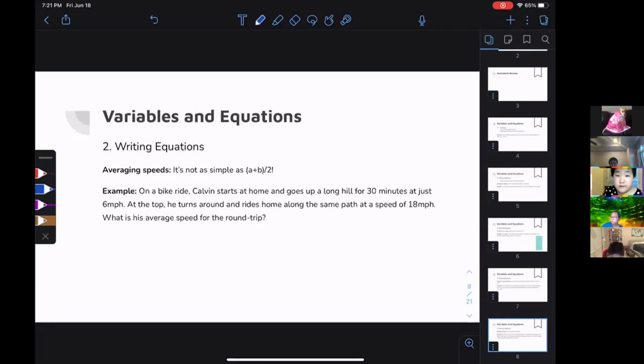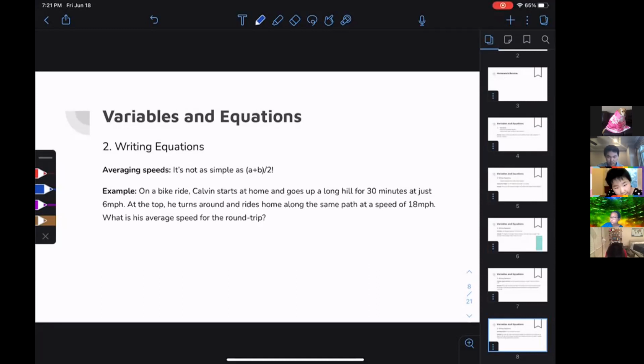So it says it's 30 minutes for 6 miles. 6 miles divided by 2 is 3 miles. So the hill itself is 3 miles, and then he turns down and rides at 18 miles per hour. And since it's only 3 miles, 3 is 1/6 of 18.